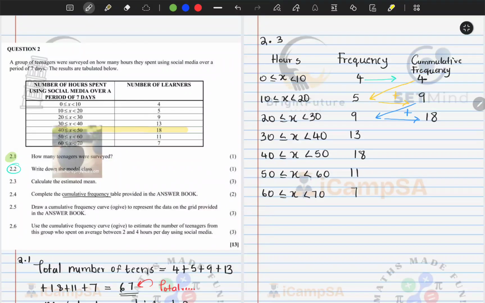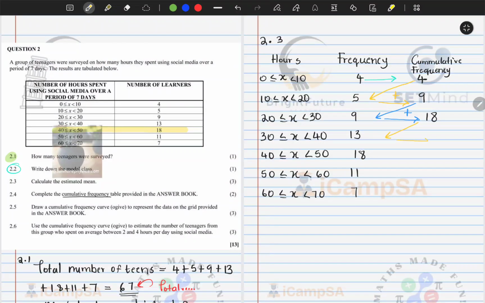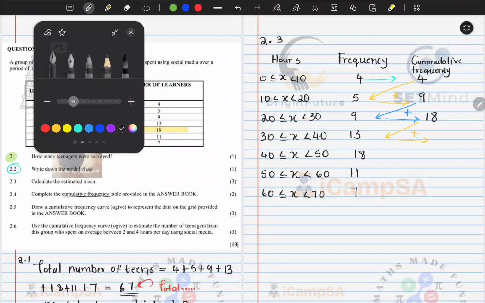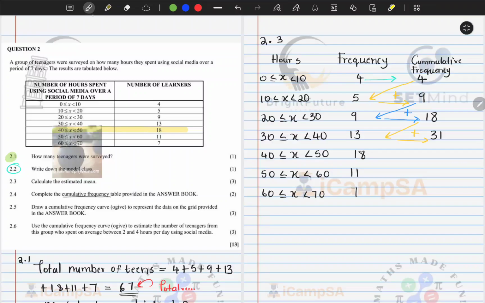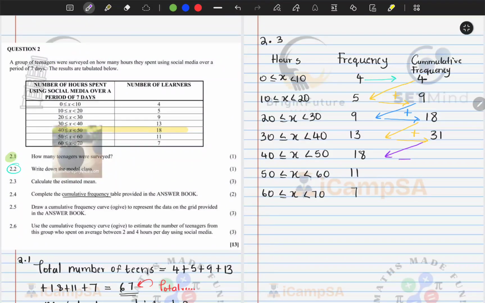Then what you are going to do next is 18 plus 13, and that becomes 31. Then you take the 31 and add it to the 18.